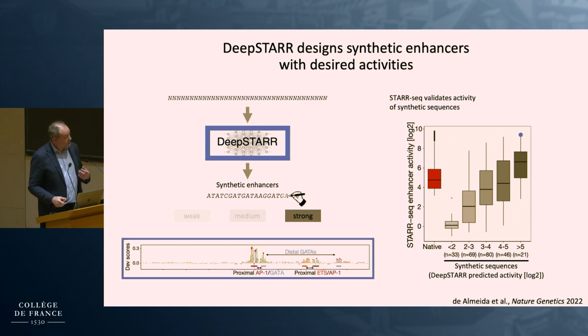And the coolest thing was that we could now look at the very strongest synthetic enhancer and at its sequence. And basically the computer selected a sequence that perfectly adhered to the rules that I just described to you. Namely that GATA motifs that like to be distal were also more distal, and motifs like AP1-GATA or ETS-AP1 that have a positive synergistic effect when close, they were also close.